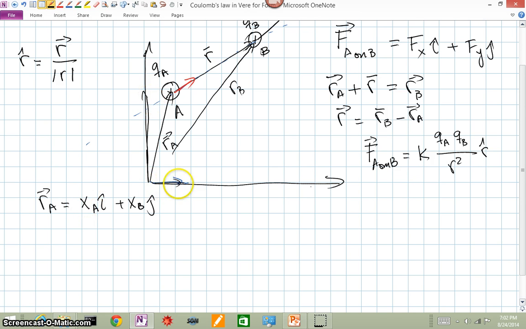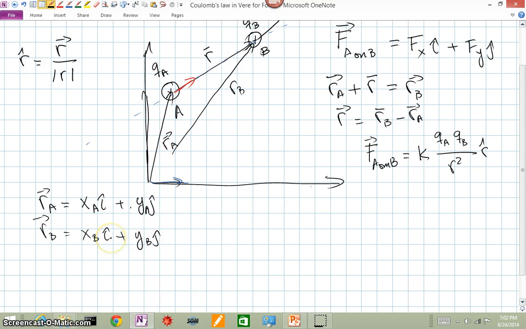Then I can write RB, which is XB i plus YB j. I made a typo here, so let's just delete this. Okay, it's not working, so let's try it again. Okay, there, it worked. So this is your vector RA, and this is your vector RB.